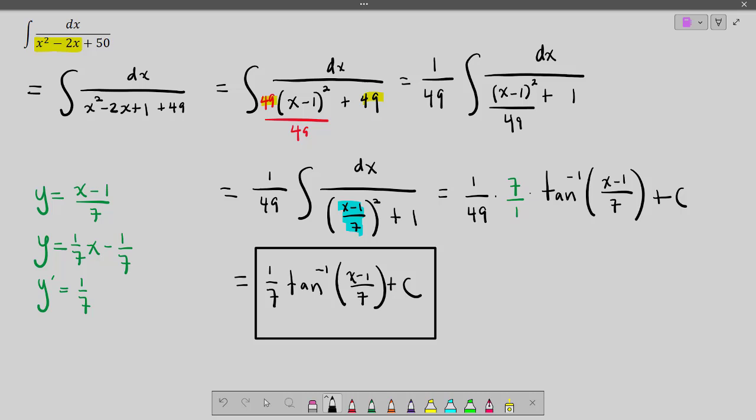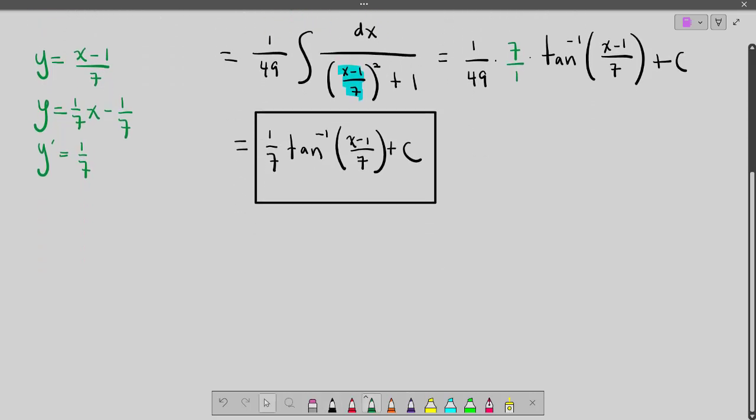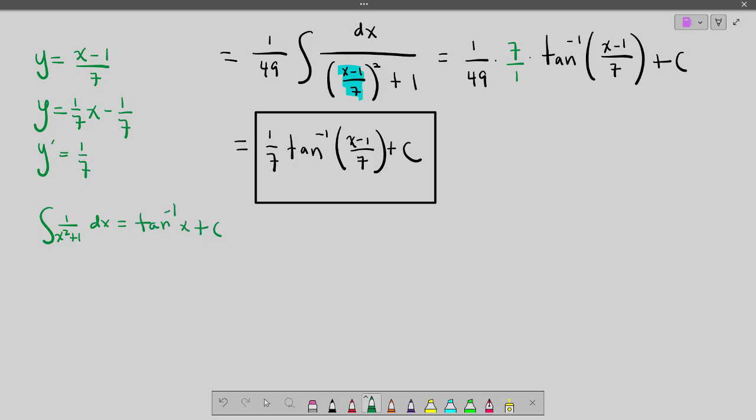All you need are your basics. You know that the integral of this is arctan. If you know that and you know how to do reverse chain rule, you never have to think about the a.